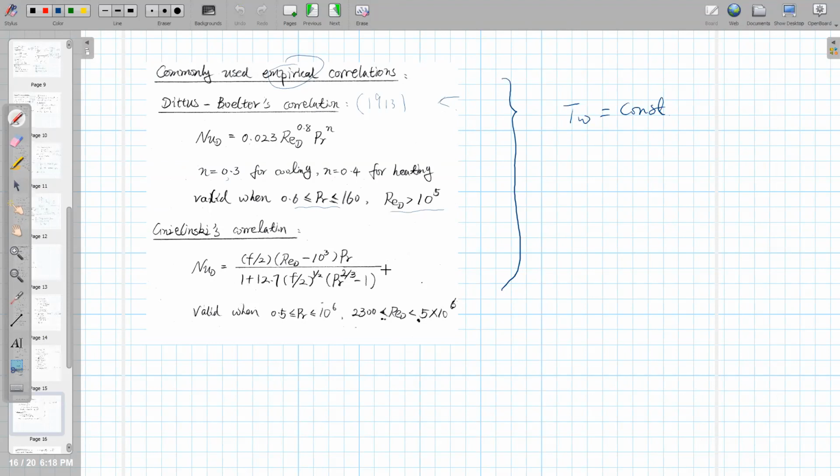The literature does have those correlations for the Nusselt number, but the ones you see here are only for constant wall temperature conditions. Do not use these correlations for constant wall heat flux cases. If you do, the result will be very wrong.